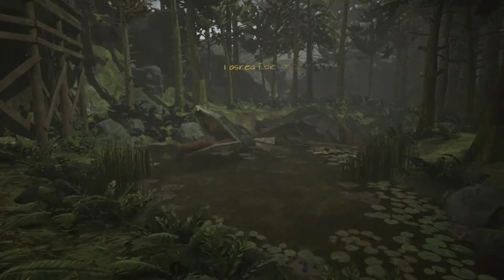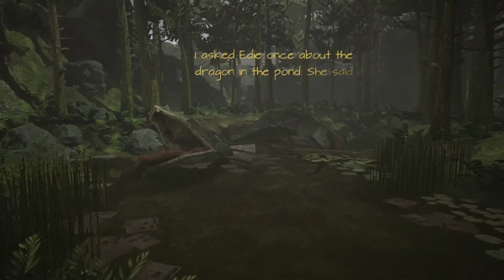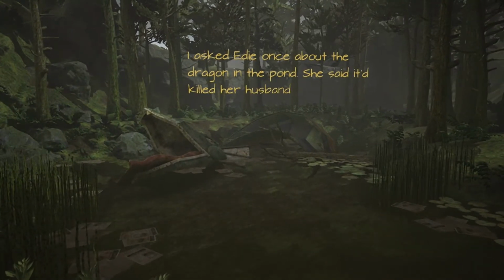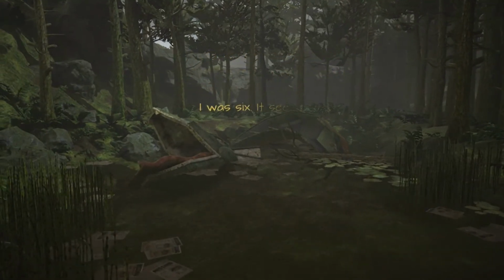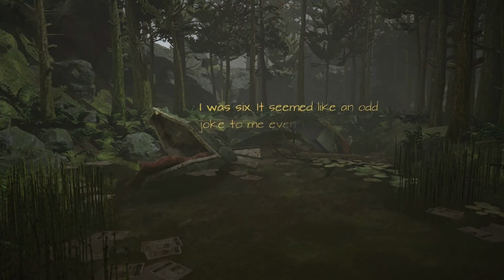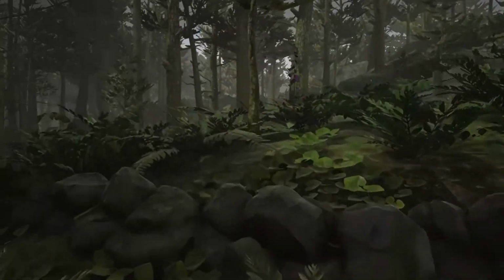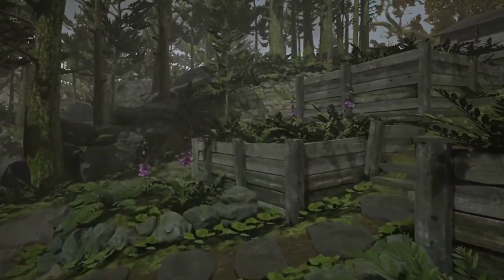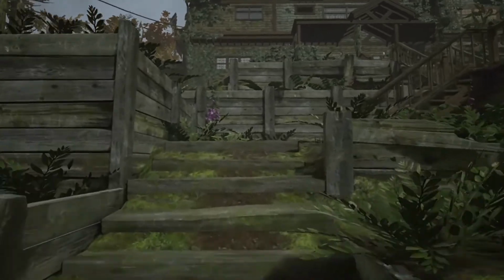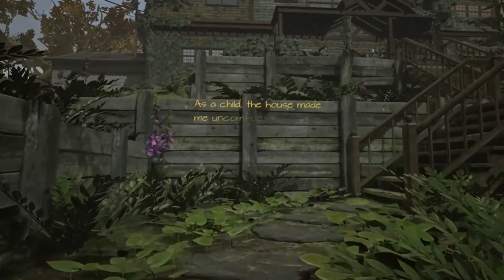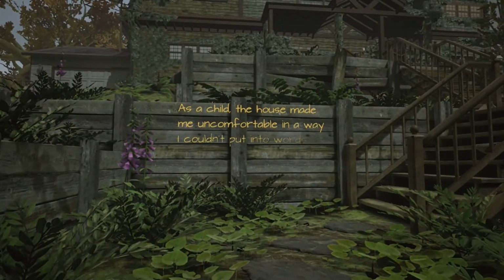I asked Edie once about the dragon in the pond. She said it had killed her husband. I was 6. It seemed like an odd joke to me even then. No kidding. As a child, the house made me uncomfortable in a way I couldn't put into words.